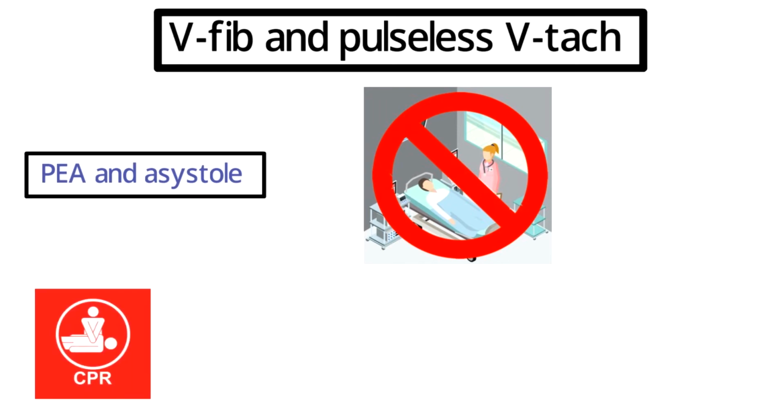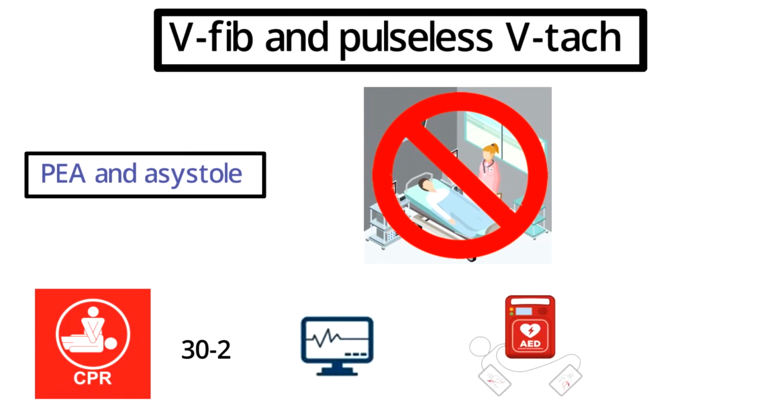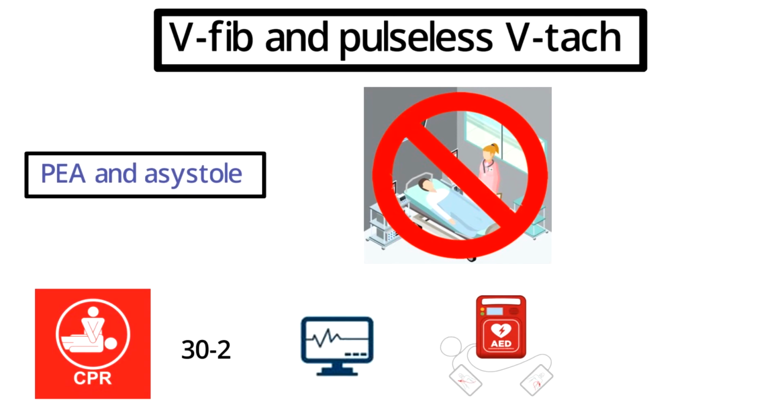We're going to start high quality CPR. Our chest compression to breath ratio is going to be 30:2. And we're going to absolutely make sure that the monitor is attached as well as the defibrillation pads. We've got the O2 taken care of as far as they're getting bagged and we're seeing good chest rise and fall, and they have an IV.